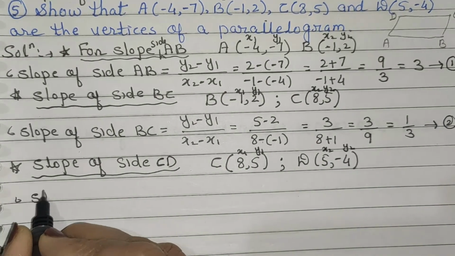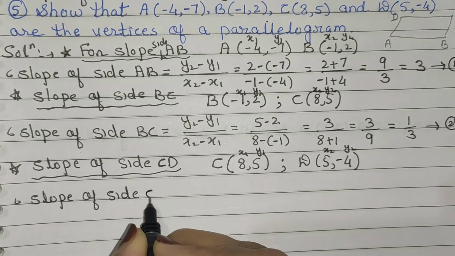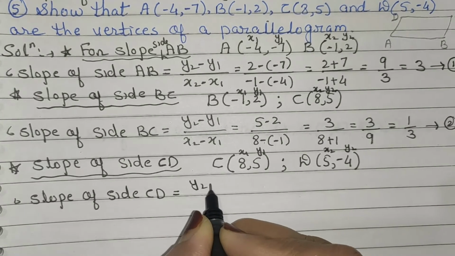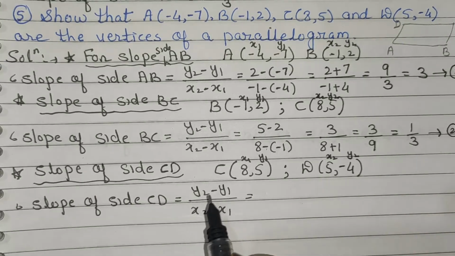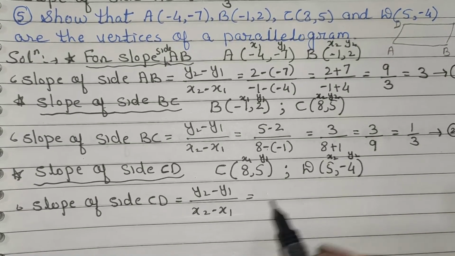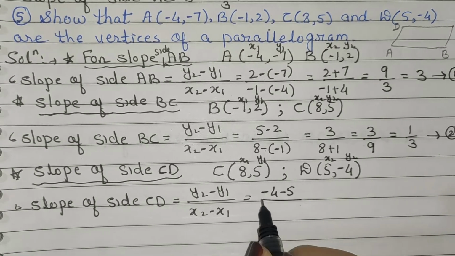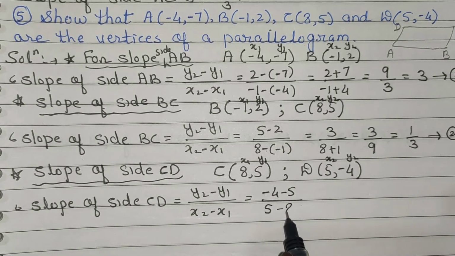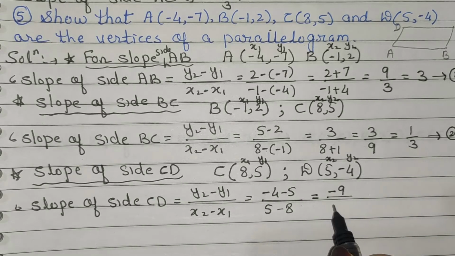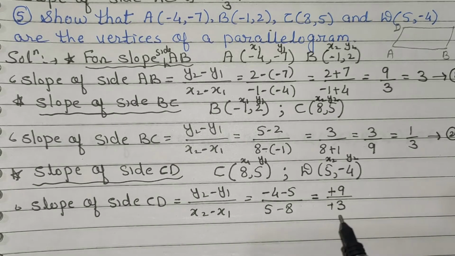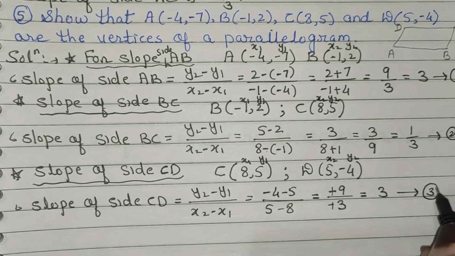Therefore, slope of side CD is equal to y2 minus y1 upon x2 minus x1. Substituting the values, we get here minus 4 minus 5 upon 5 minus 8 is equal to minus 9 upon minus 3. Negative negative cancel, 3 3s are 9, is equal to 3. Give it equation number 3.